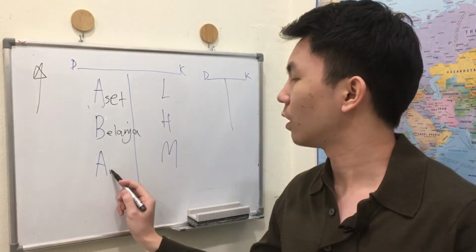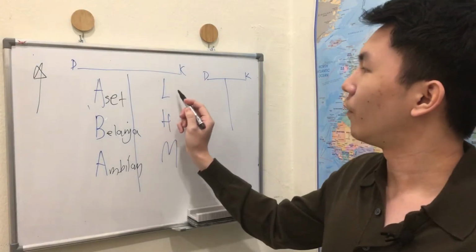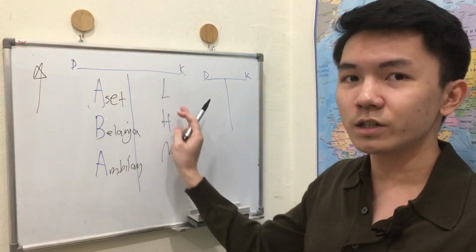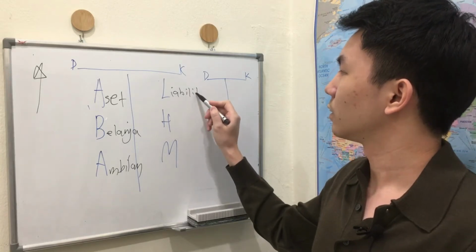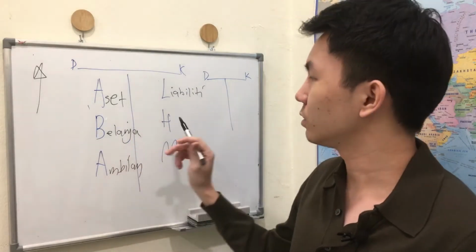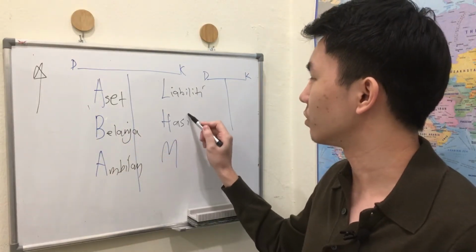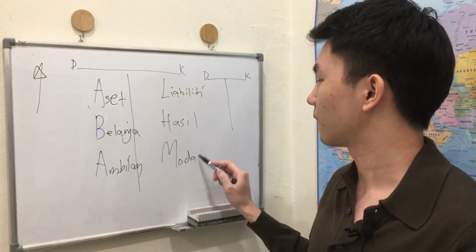A for ambilan, L for the opposite of asset, you know it, yes, correct, liability. H, the opposite of belanja, yes, hasil. And M, you know this is modal.